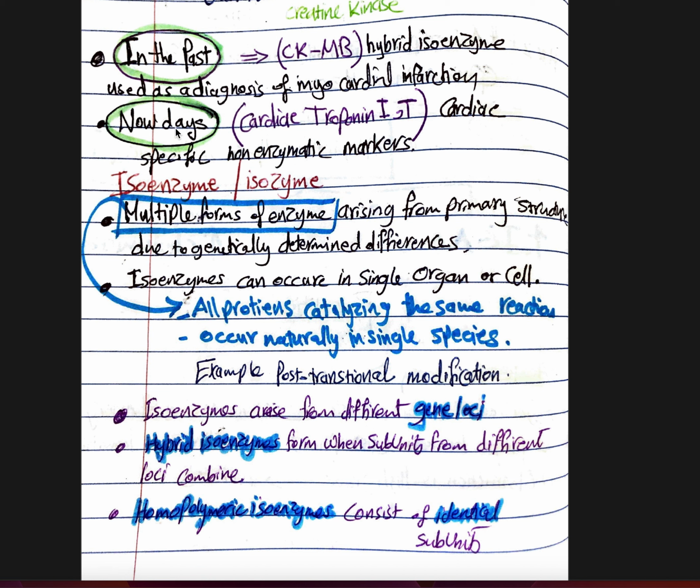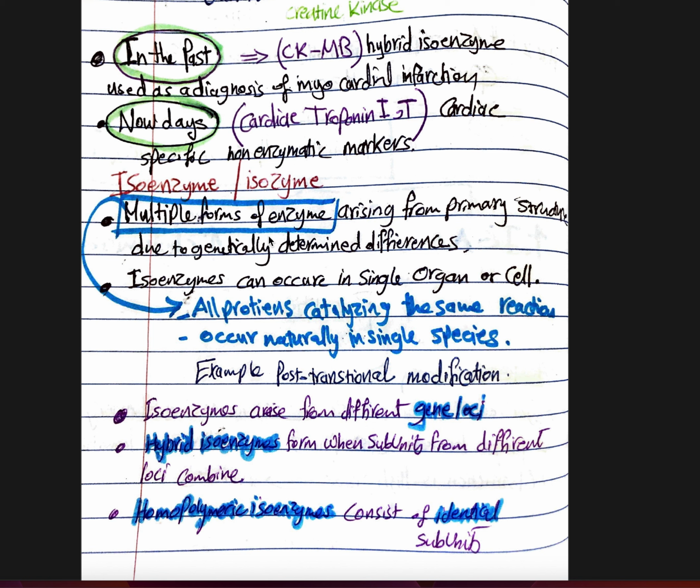Now I talk about the isoenzymes of creatine kinase. There are multiple forms of the enzyme arising from the primary structure due to genetically determined differences.